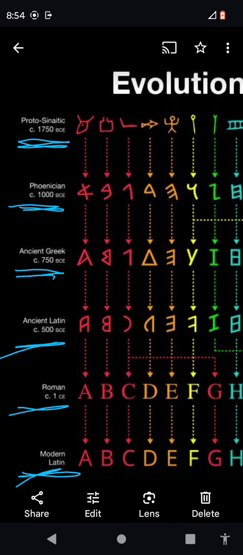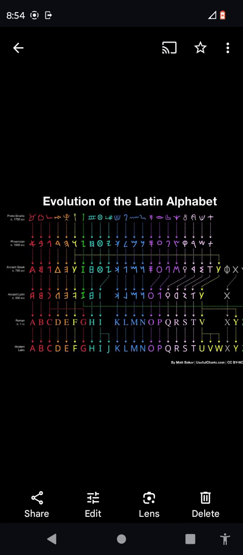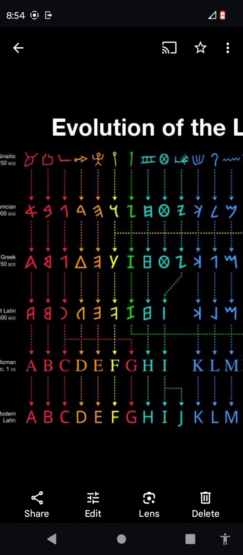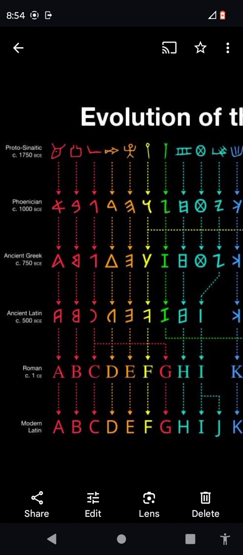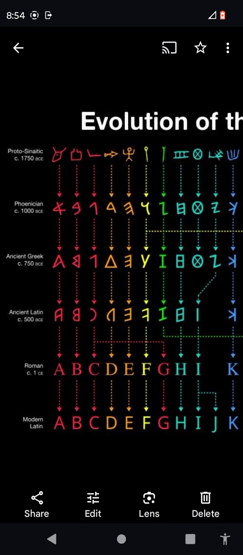Whoever built this chart, I give them props because they did a wonderful job. We're showing how the alphabet has progressed from the Proto-Sinaitic, which is roundabout when Moses and all of them were wandering about. I believe that's correct, but don't quote me on that.